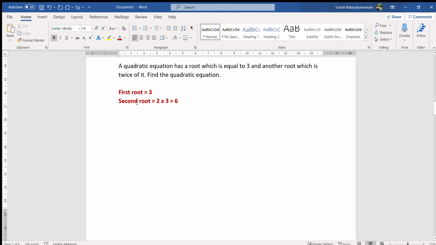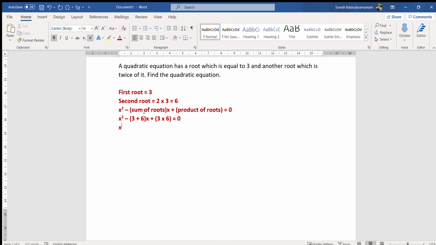So I'll just paste the formula. So this is the formula that we'll be using. So replace the values in the formula. X square minus sum of the roots, that is 3 plus 6, x plus product of the roots is 3 multiply 6 equals to 0.